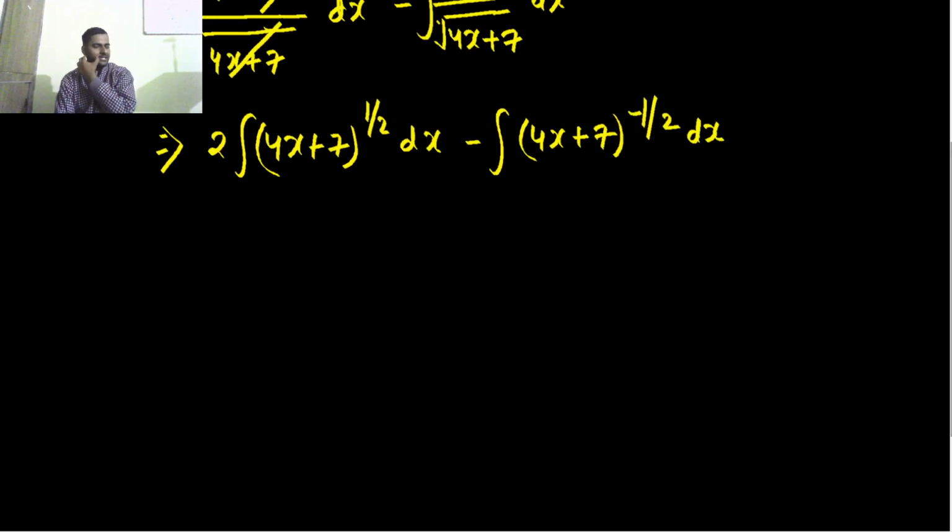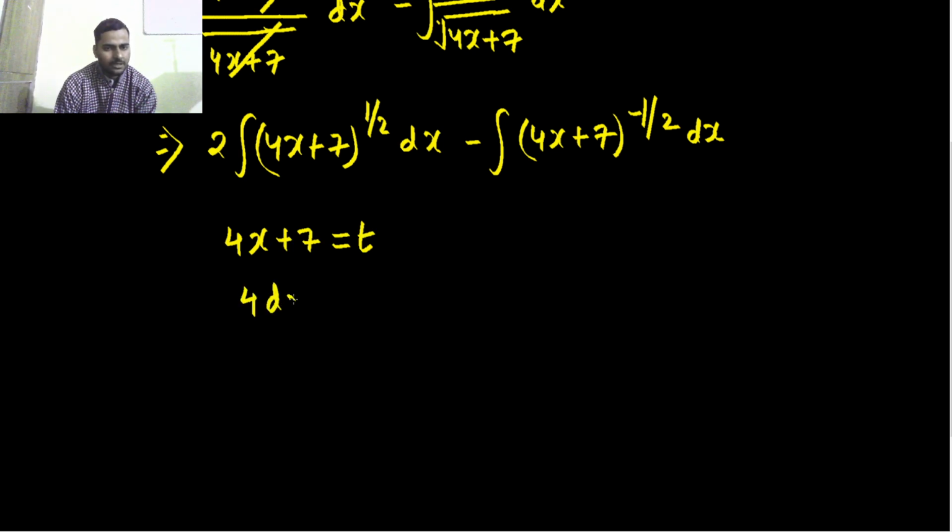Now you can treat it similar to x power half, and at the end just divide by the derivative of 4x plus 7, or the coefficient of x, whatever you feel. And you can also go for the substitution, that you can take 4x plus 7 as t. So as to get 4, the derivative of 4x plus 7 is 4, write dx equals dt by 4.